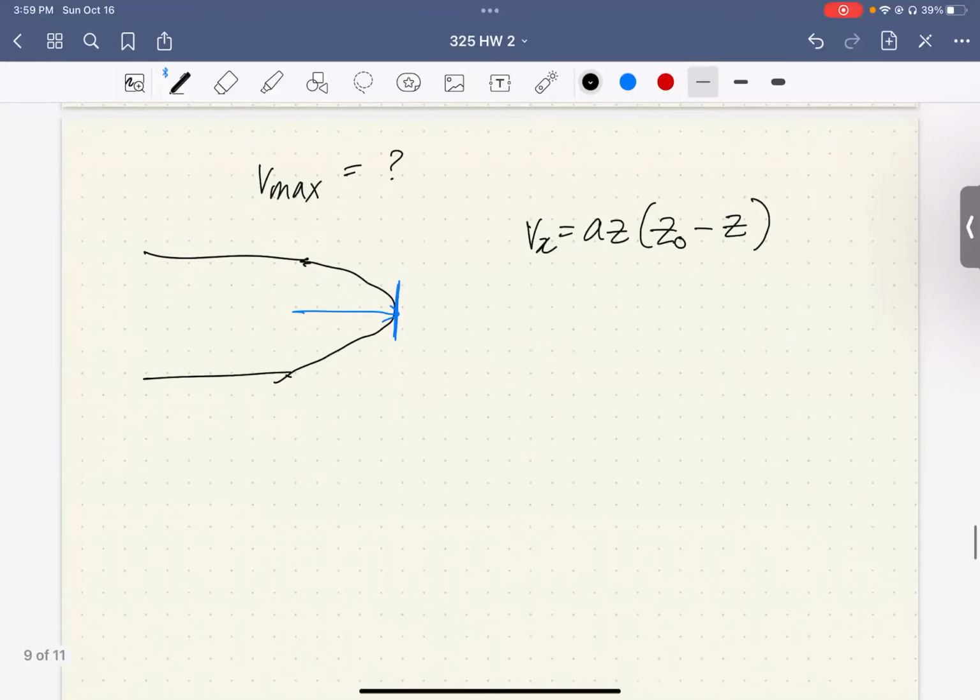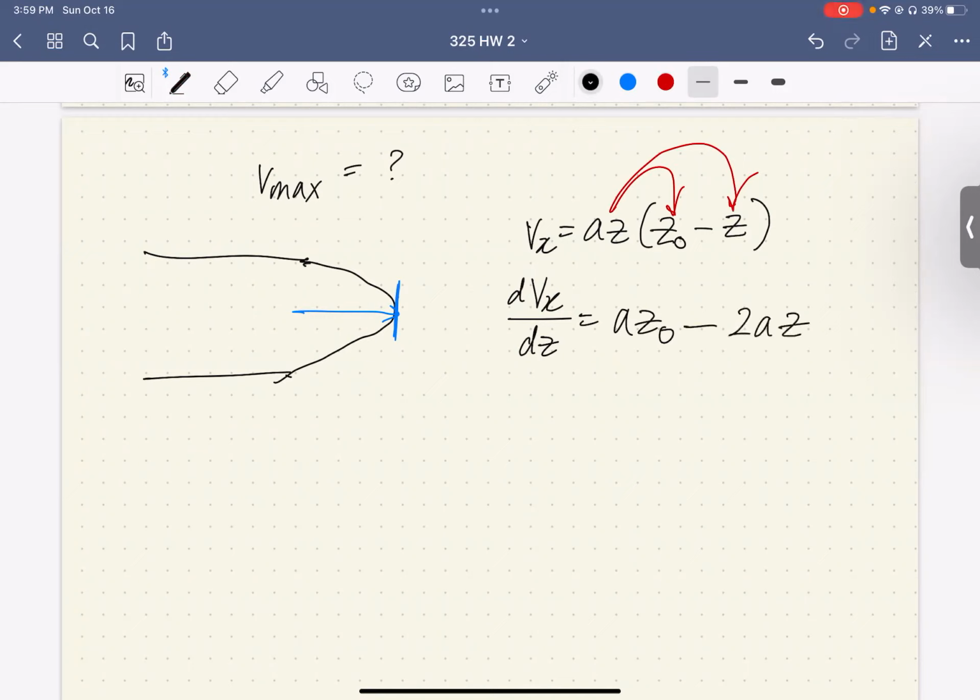Now let's actually take the derivative, with respect to z, right? So we have A Z0, and I'm going to distribute these out: A Z0 minus 2AZ. Then we need to set it equal to 0 because this slope right here is 0. dVx/dz equals 0 at this point, right? Let's keep working.